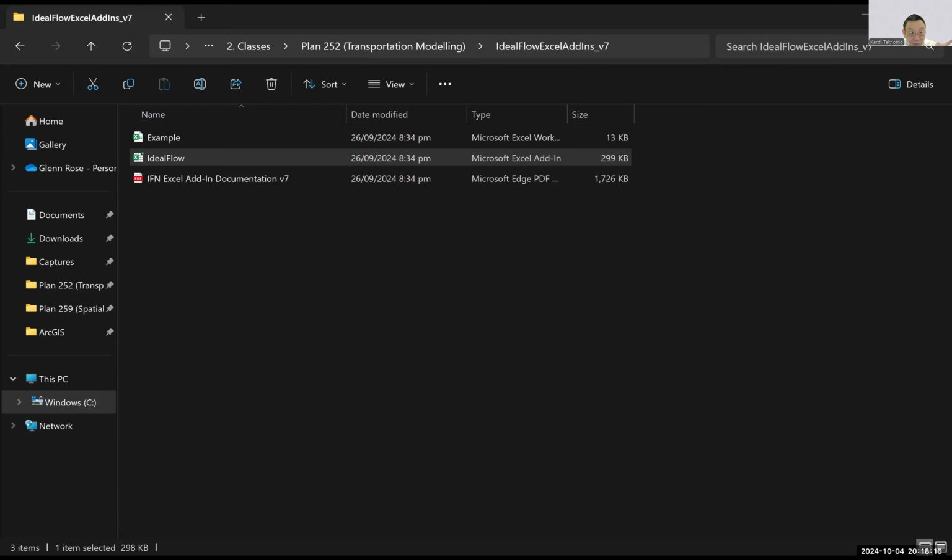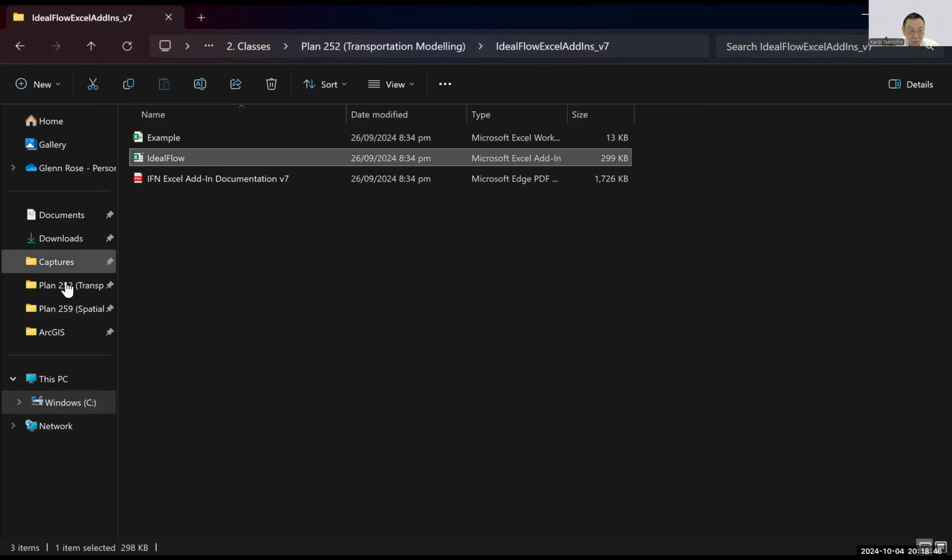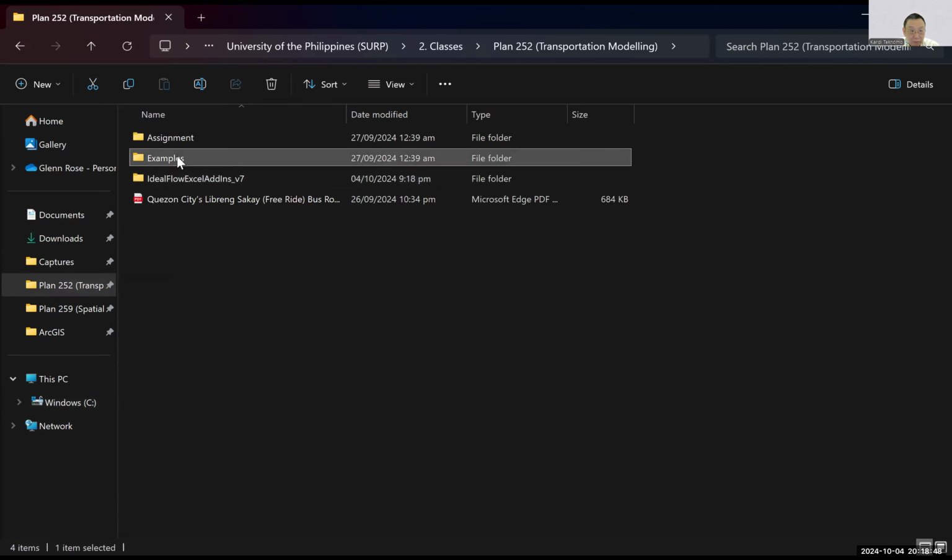Anyway, once you see that, you can either put this one in the actual folder of add-ins, or you can just browse this from Excel. You can go to add-ins and then browse this one. If you read the documentation, I give you where the folder of add-ins of Excel is. Yes, sir.